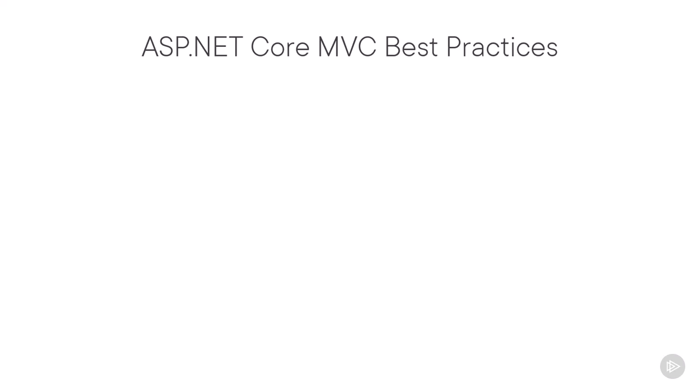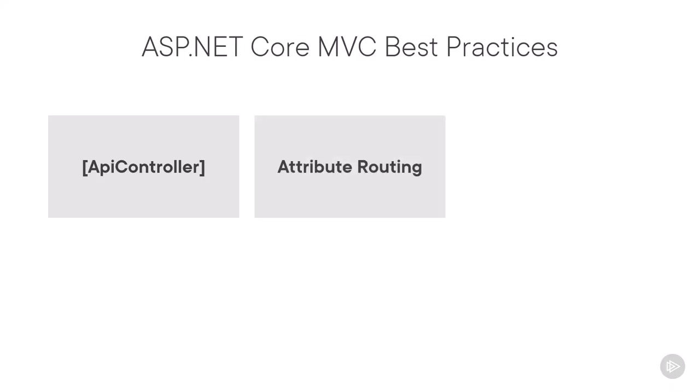First, if you're building web APIs, you should almost certainly be decorating your controllers with the API controller attribute. It adds a couple of nice features to all of your APIs. Specifically, it enforces attribute routing, which is recommended for all API endpoints. If you mark your controller with API controller, it will ensure that any endpoint that you have there, any action method, utilizes attribute routing.